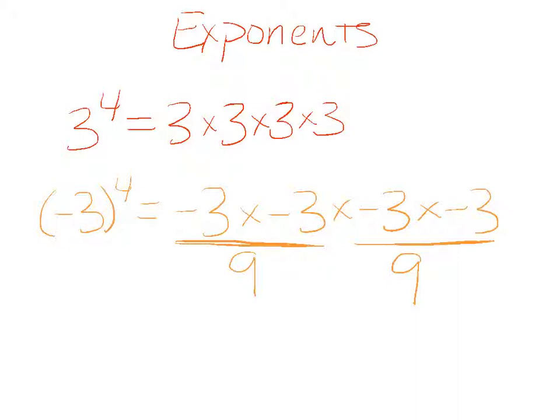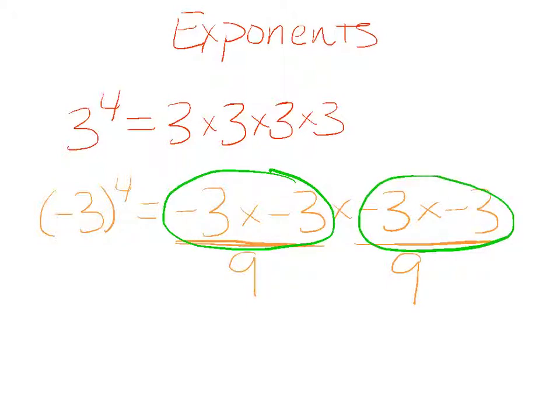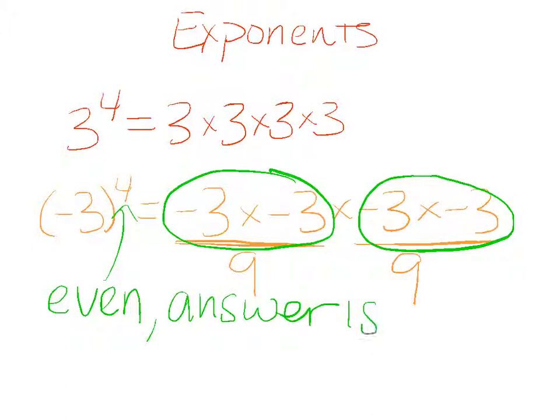So every time we have a group of 2 negatives, the answer is positive. So that tells us this rule: when the exponent is even, the answer is positive. Okay? And again, that's only when you have parentheses, because then you're multiplying a bunch of them.